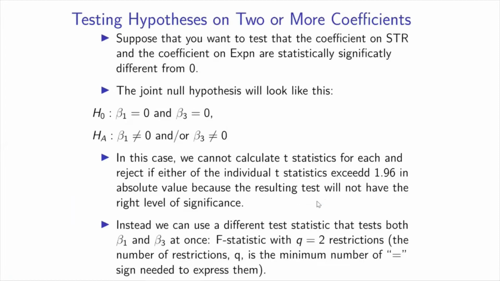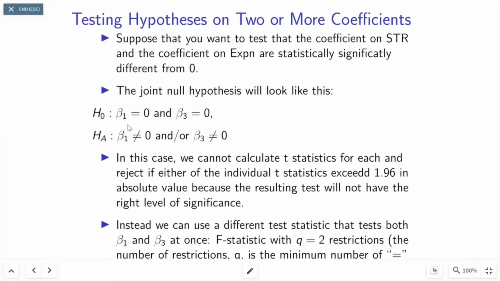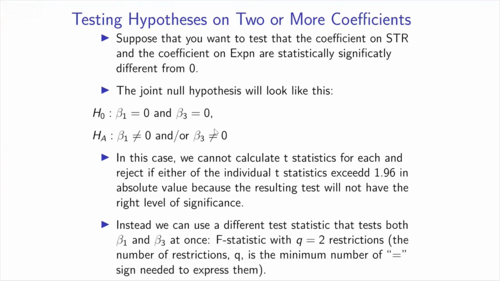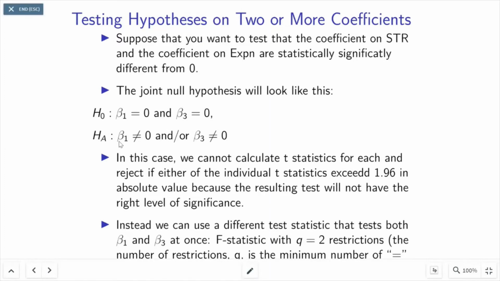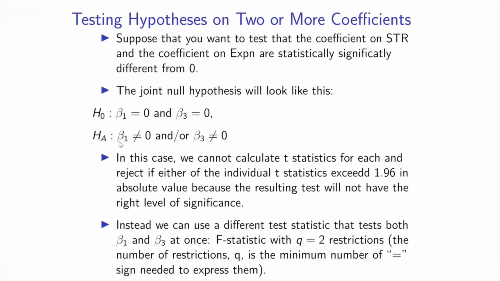In this case, we'll specify in the null that beta 1 is equal to 0 and beta 3 is equal to 0. In the alternative, we'll specify that either beta 1 is not equal to 0 but beta 3 is equal to 0, or beta 1 is equal to 0 but beta 3 is not equal to 0, or beta 1 and beta 3 are both not equal to 0.